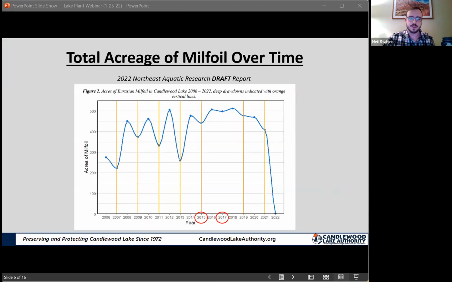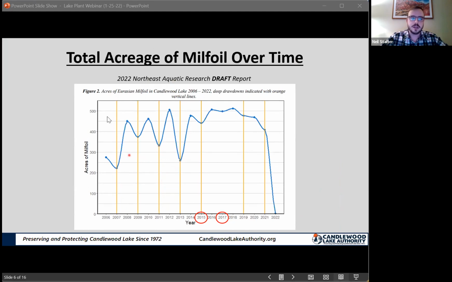I wanted to show you this graph. This is total plant acreage every year since 2006, and I think this illustrates just a couple of things. The orange lines here are years where the winter before that summer was a deep drawdown. So for instance, 2011 was a summer following a deep drawdown.